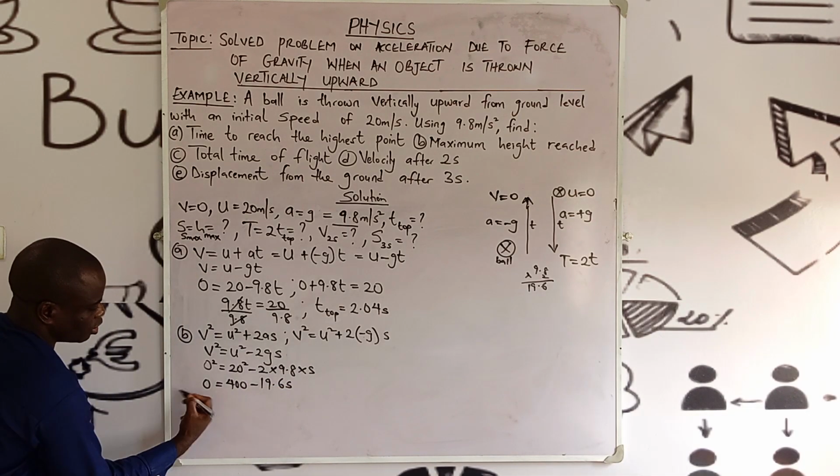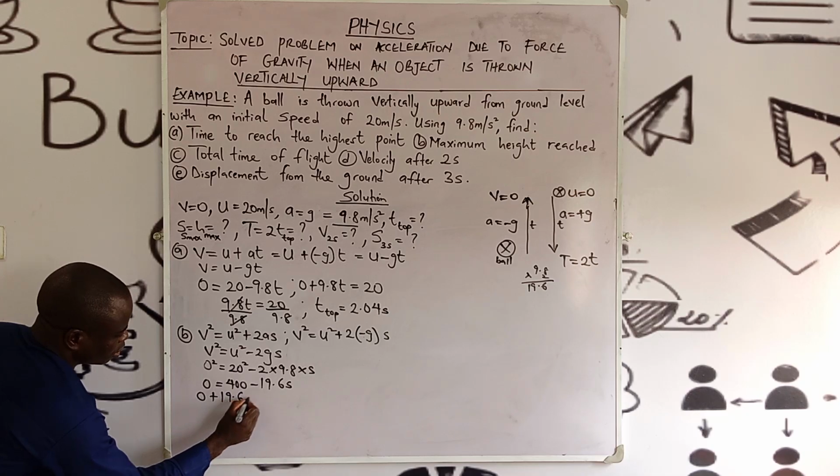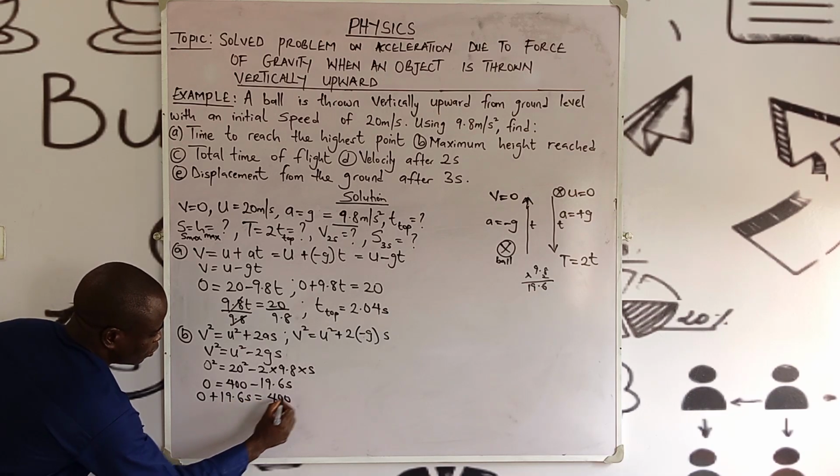Let's take minus 19.6s across the equal sign. Negative changes to positive.